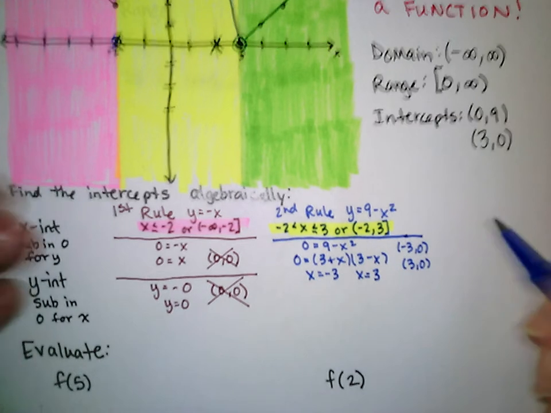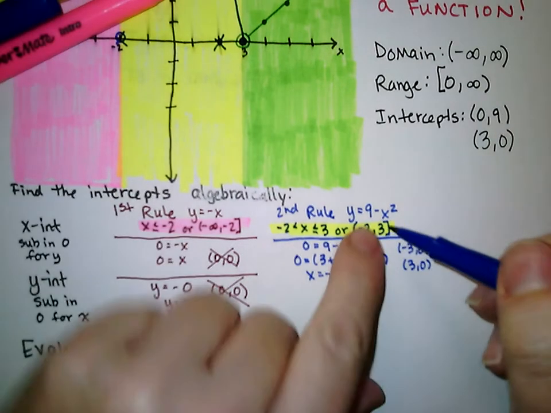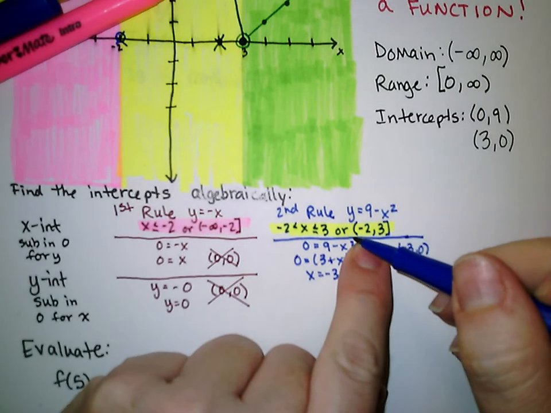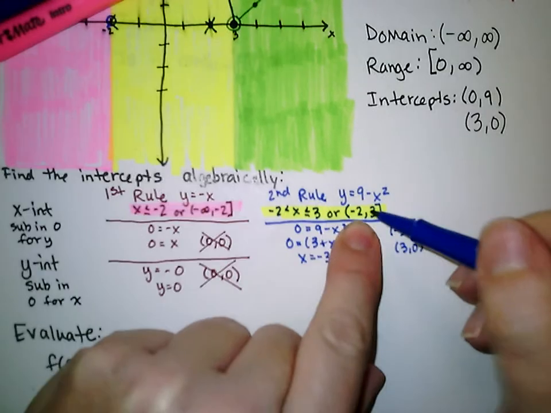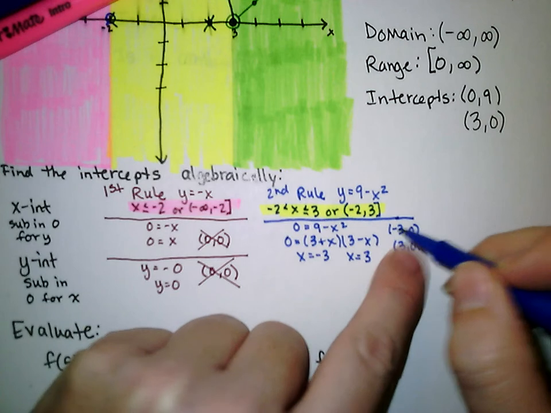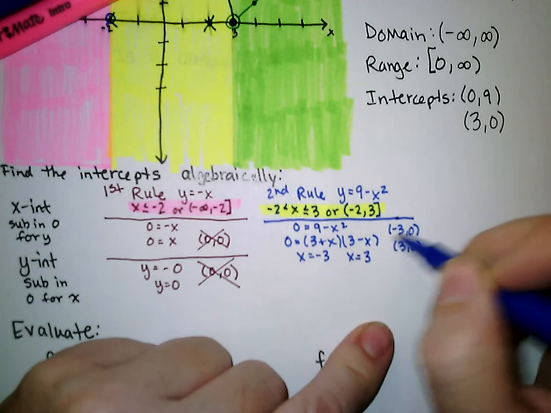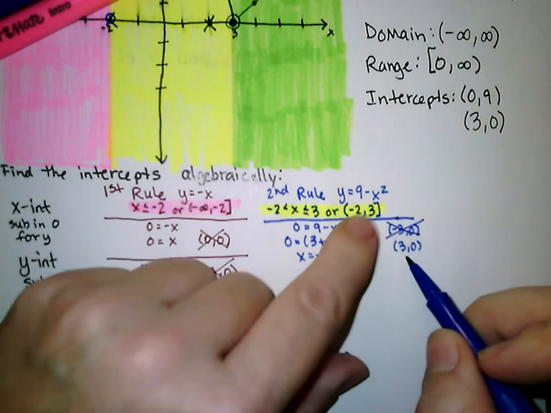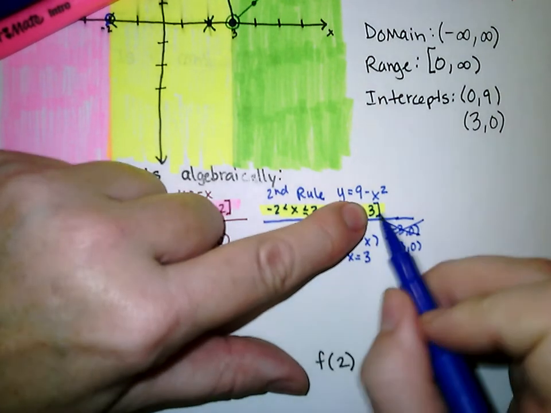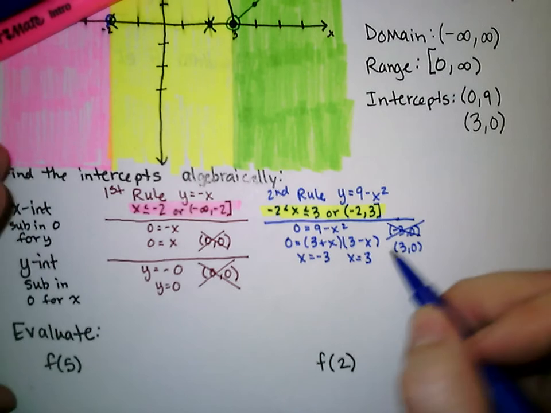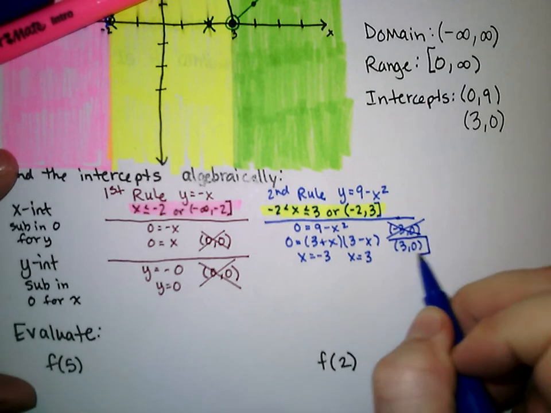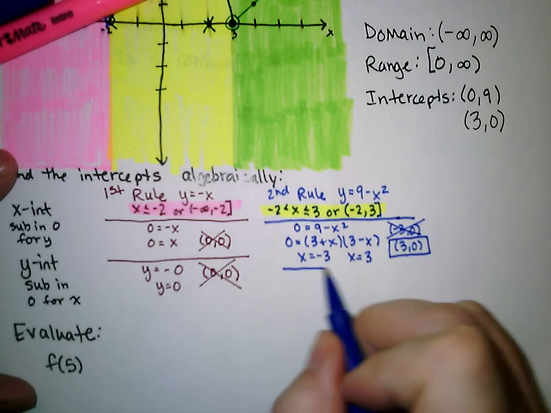But we want to look at our domain here between -2 for x and 3 for x. So this -3 is outside the domain, so it's not going to count. (3, 0), the 3 is included, so (3, 0) is going to count as an intercept for this function.